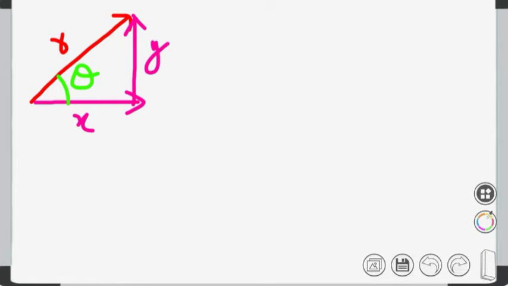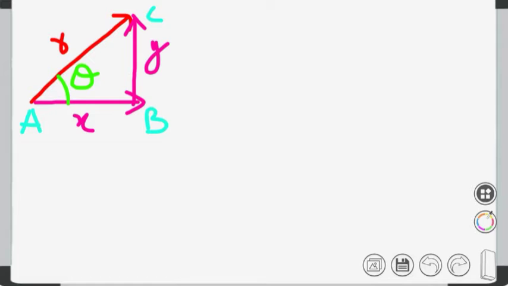If I give each corner a name such that A, B and C, this will be the triangle from where we are going to derive the formulas or the ratios to calculate sine, cos and tangent theta.